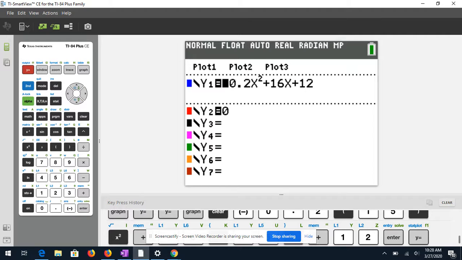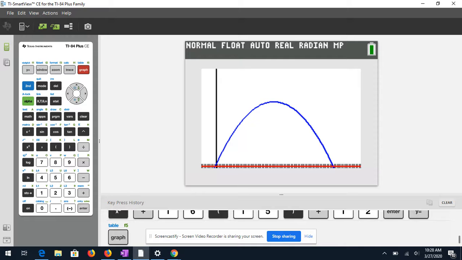So if we type our equation into y1, 0 into y2, and we go to the graph, you might have to mess with the window a little bit, zoom out so you can see the entire graph, but we're looking for that right intersection point with the x-axis.